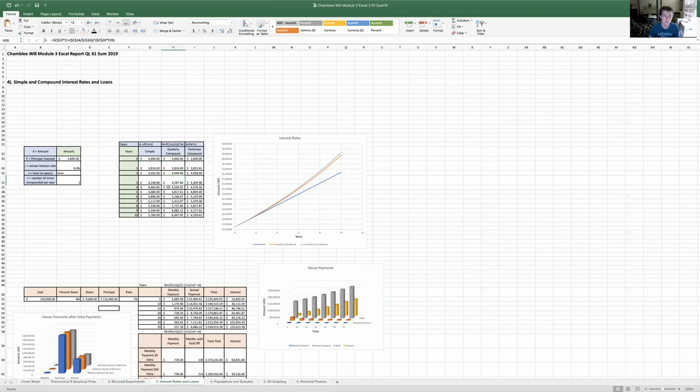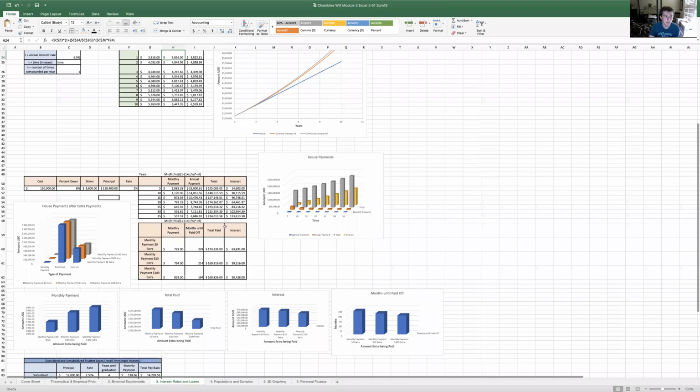It gets bigger and bigger, and like the line chart shows, the difference is pretty telling. So obviously it's better to have a simple interest rate. The chart shows that. You can see our formulas up here, and that showed how Excel helped us do that. And then we came down to buying a house.